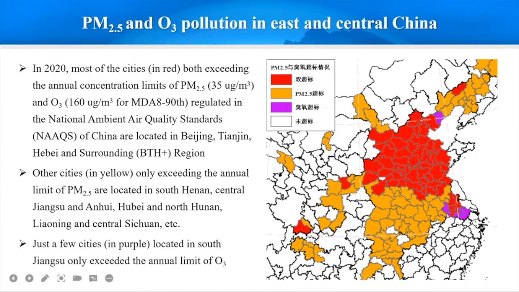A few cities in purple color, located in south Jiangsu and also Qinhuangdao in Hebei province, exceeded the annual limit of ozone only. They meet the PM2.5 standard but exceed the ozone limit.